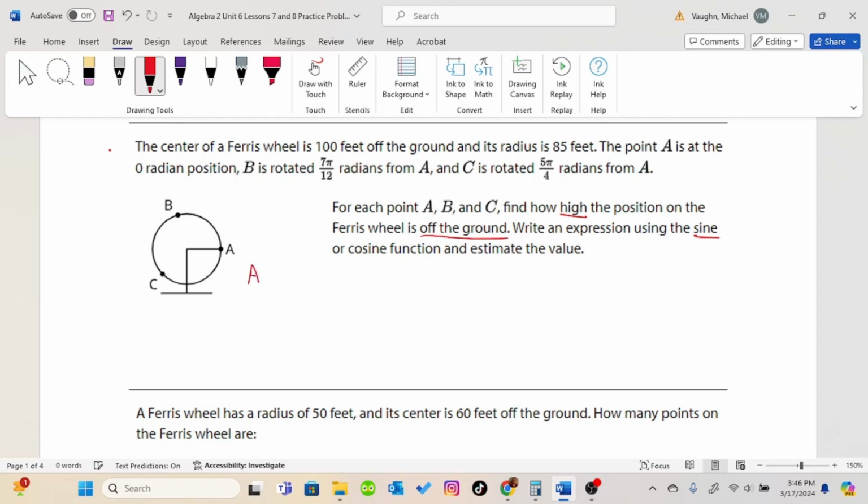For A, this is going to equal 100 feet to the center point plus 85, which is the radius, times the sine of 0.